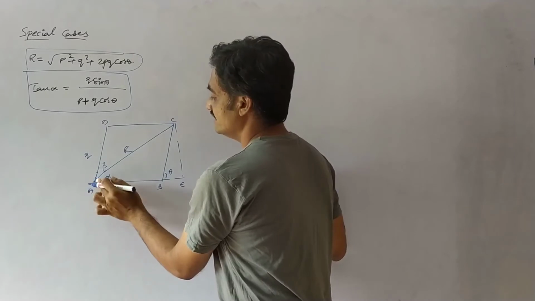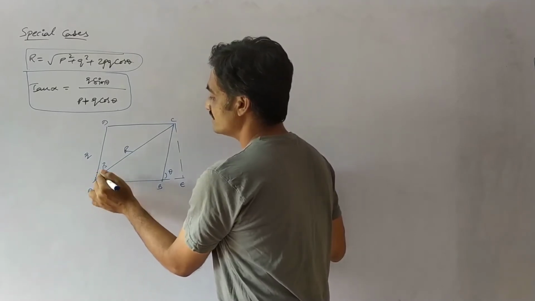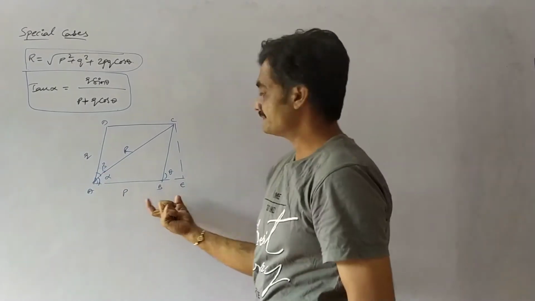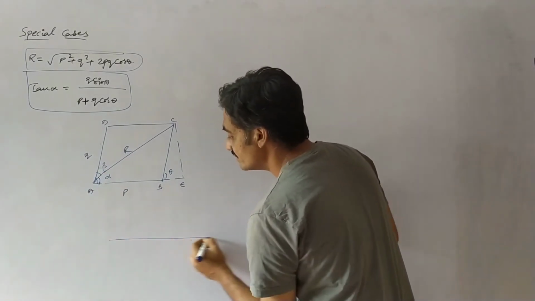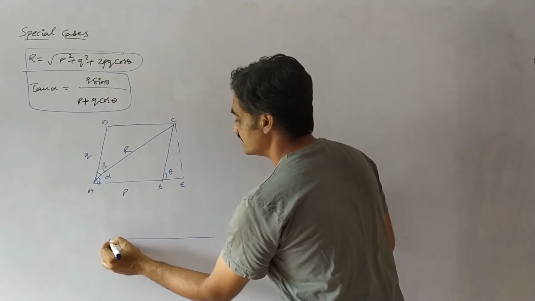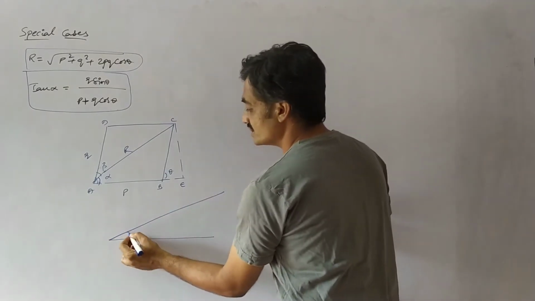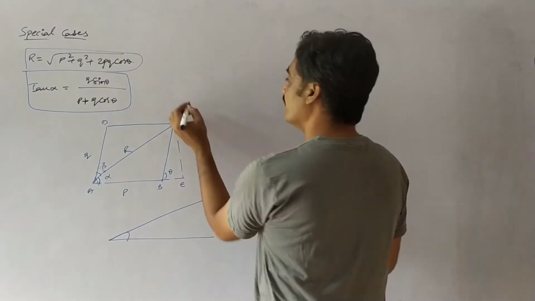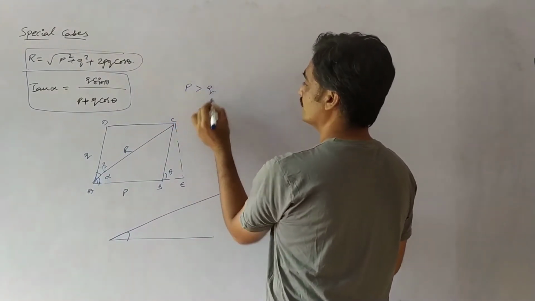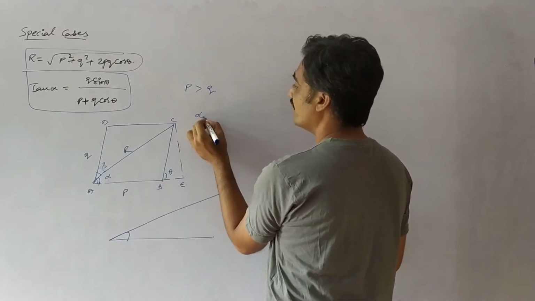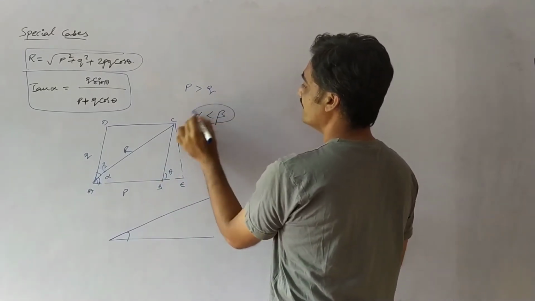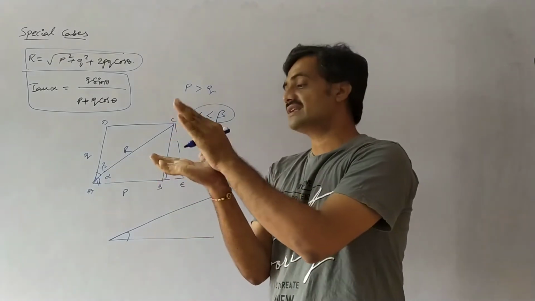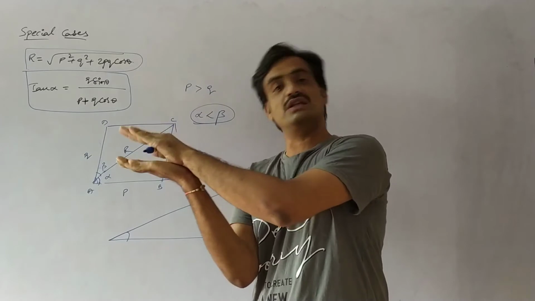As the magnitude of the first vector increases, the resultant line approaches it. So if P is greater than Q, then the angle alpha will be less than beta. As the magnitude of the vector increases, the resultant approaches nearer to the larger magnitude.